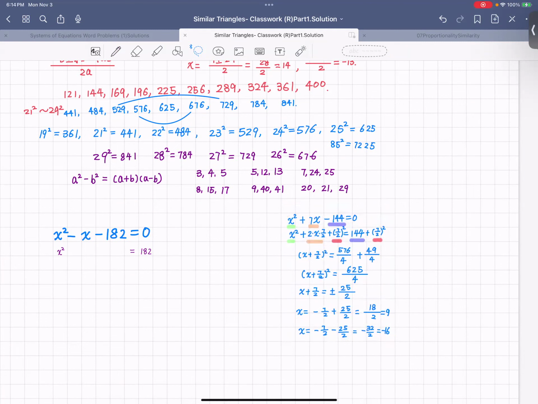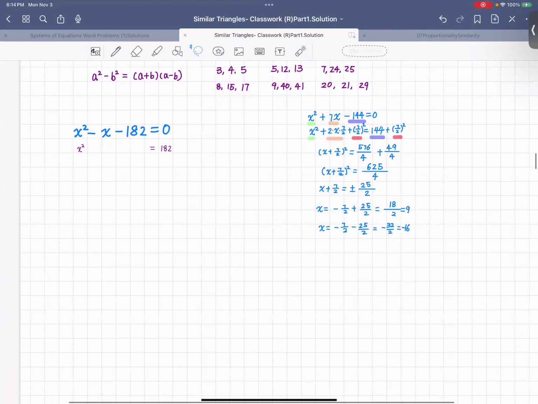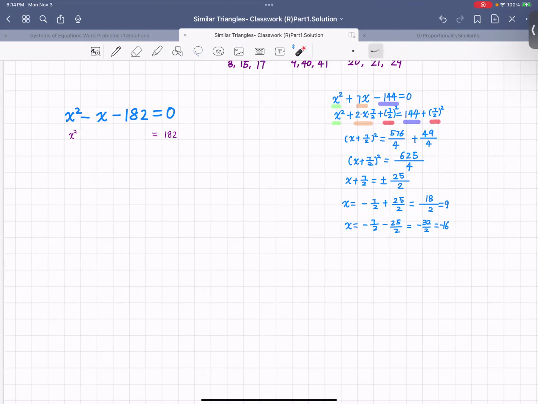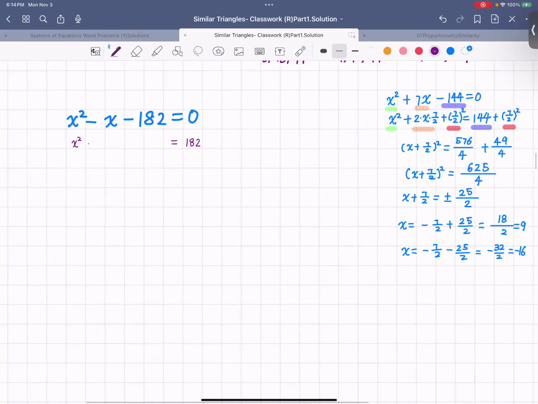Like that, side by side. So step 1, move this to the other side. Yeah? Cassie, say something. What do you want to do here?